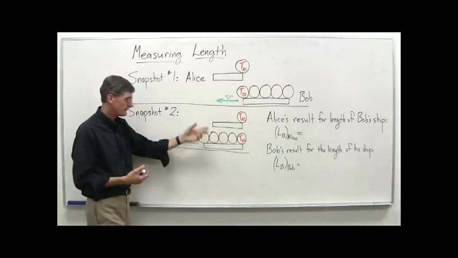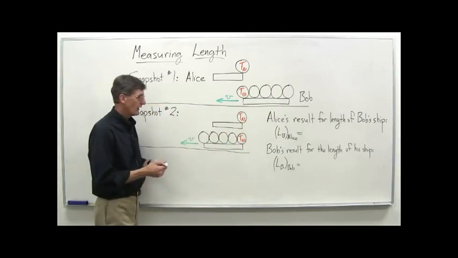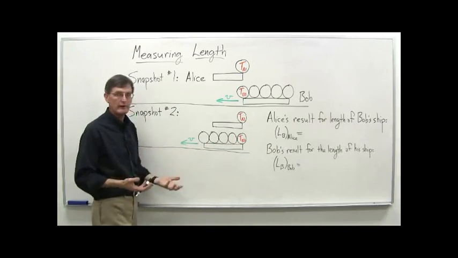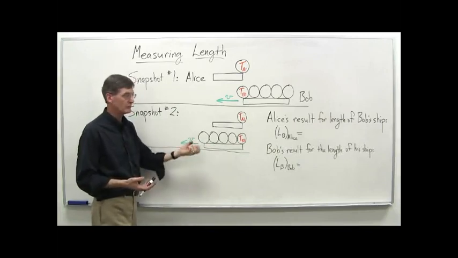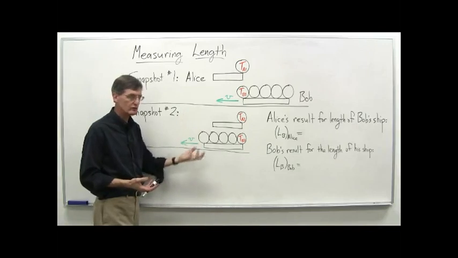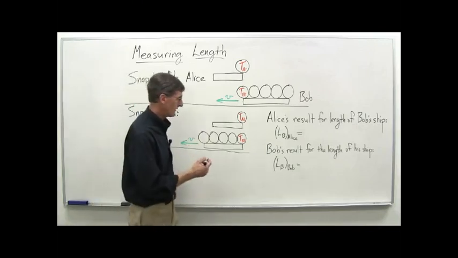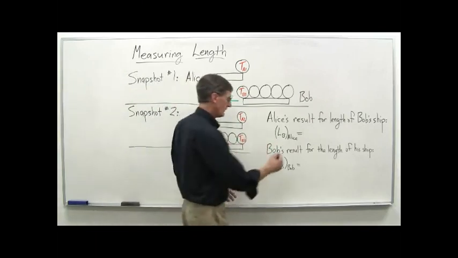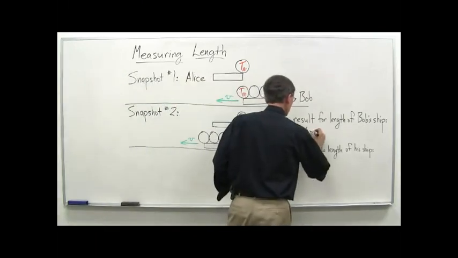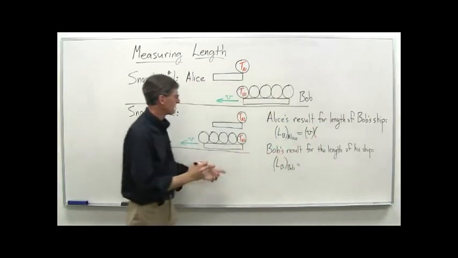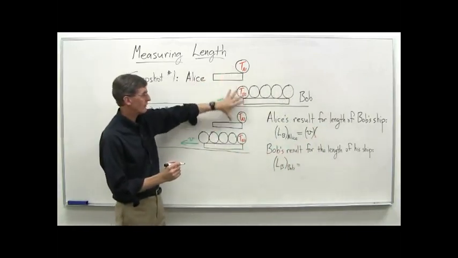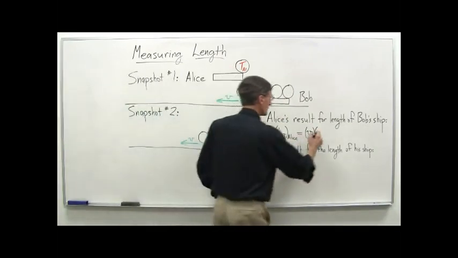as we did right here in our second snapshot, TA2 there. And it's very simply, you take the velocity of the ship and multiply by the elapsed time between the time you see the beginning of the ship, the front of the ship, and the back end of the ship. So Alice will say, okay, I've got a result. And the result is the velocity times the time difference, T sub A2 minus T sub A1, just the elapsed time between those two points on her clock.